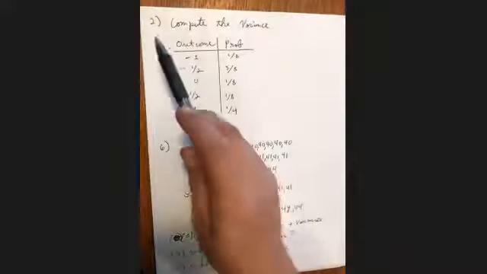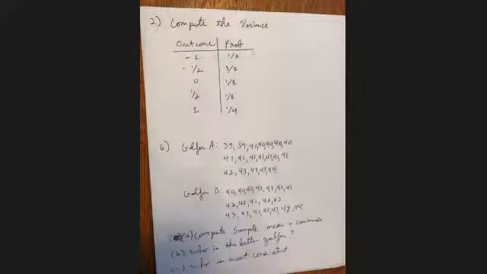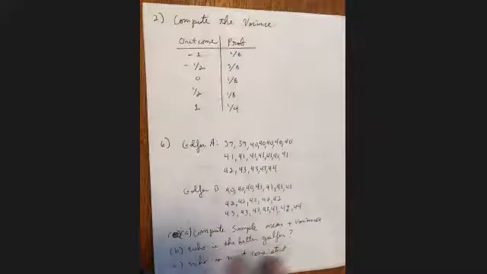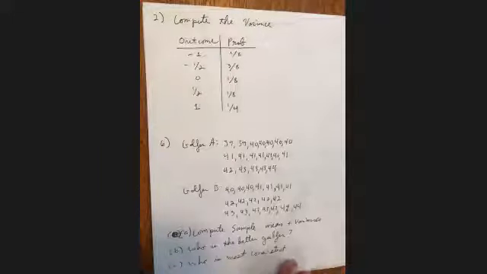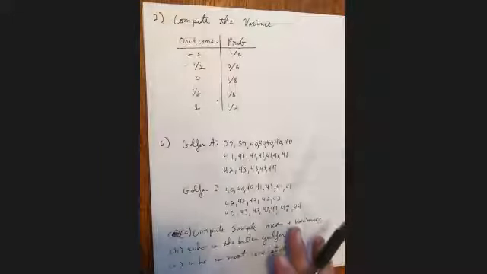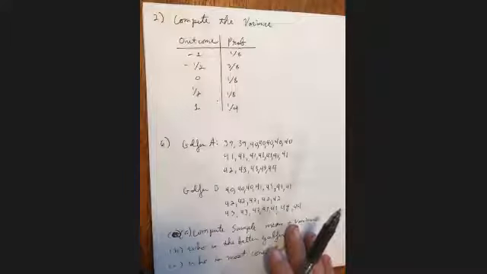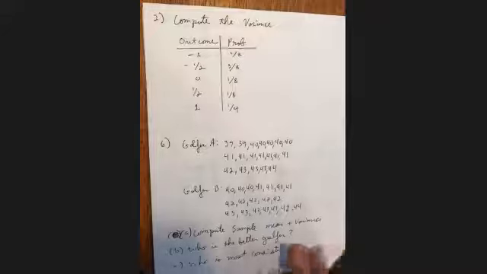The first problem we're working on is number 2. Here we're given a probability distribution and asked to compute the variance. When you're given a probability distribution and asked to compute the variance, you have a couple of options, as I went over in the lecture, a couple of different formulas you can use.